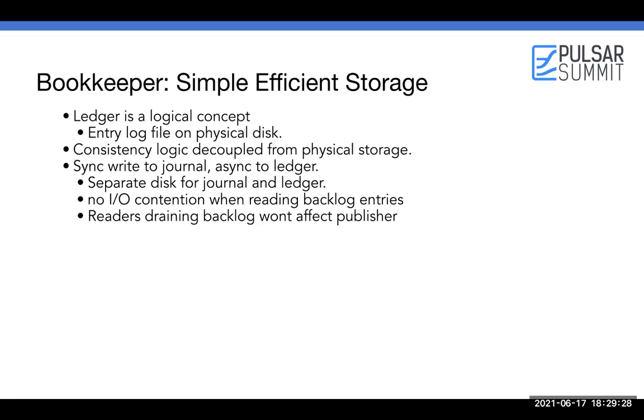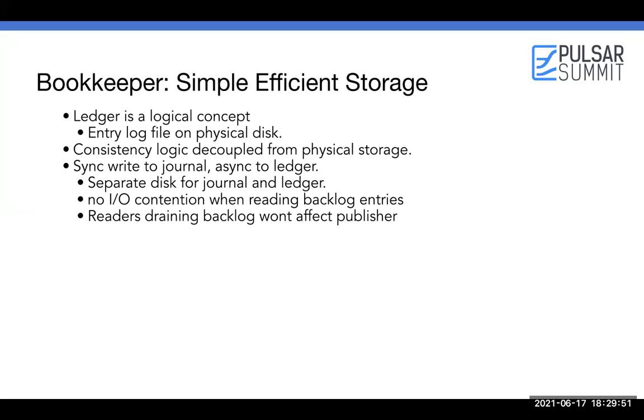Another interesting observation is that the consistency logic, which is maintained in the client, is completely decoupled from the physical storage. All the replication and all those things happen with the ledger file. Physical storage is actually very, very dumb.